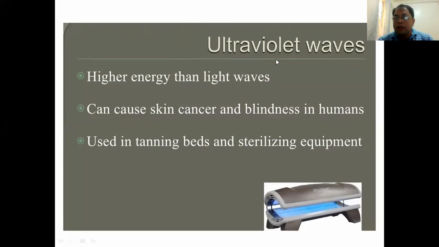Another way that we can apply UV radiation is for sterilization of some documents. Like right now there's COVID. They scan things using ultraviolet waves to remove the COVID that is in the document. So when people sterilize things, they use UV radiation.